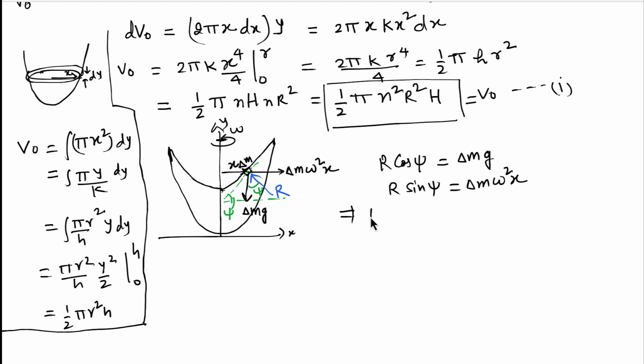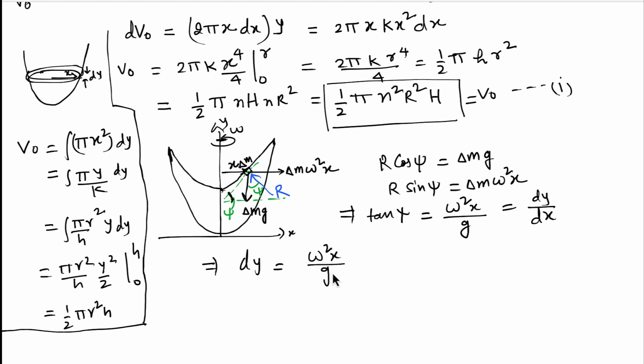So therefore tan phi is omega square x by g, and this is also dy by dx, right, because this angle is phi. Okay, so therefore dy equal to omega square x by g dx, right?